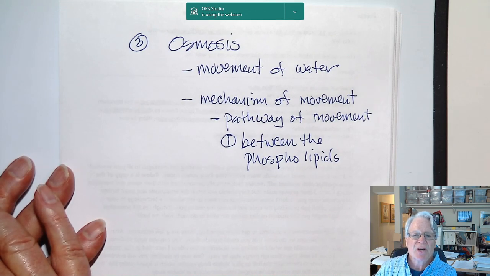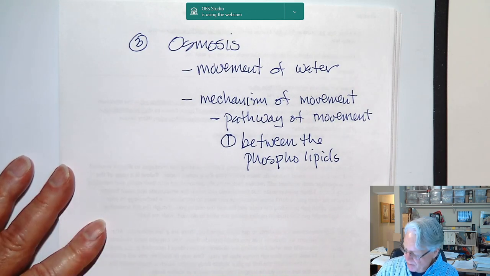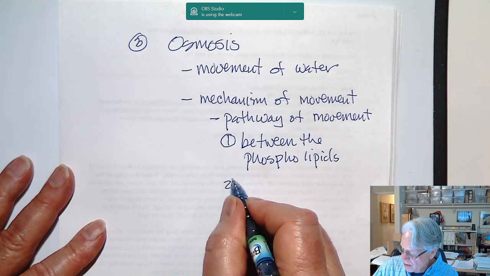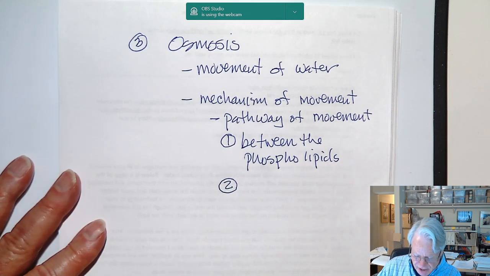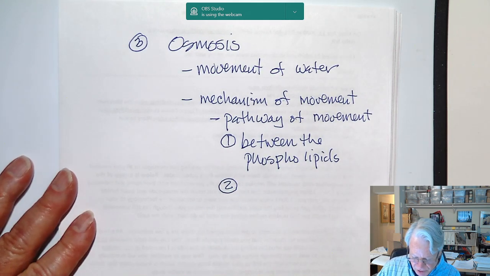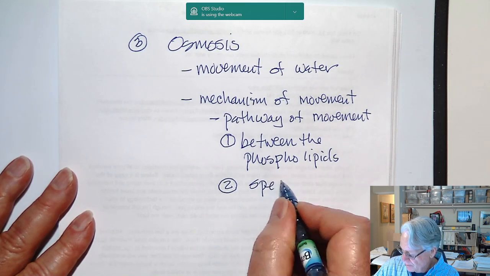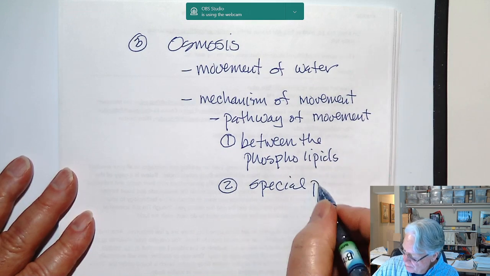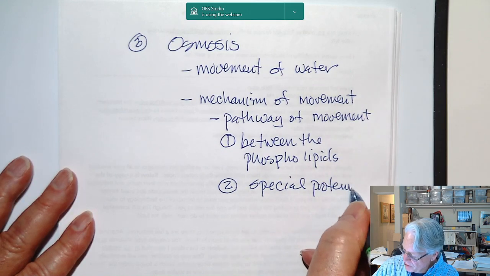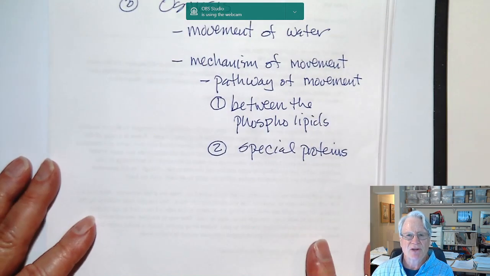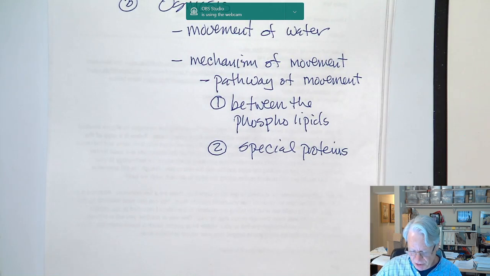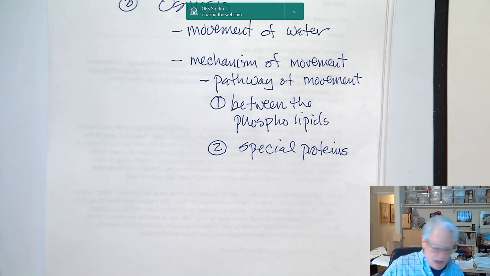So in between those phospholipids, water can slip into or across the membrane. And the second one is through special proteins. And these are relatively new. We did not know about these for a long time. So these special proteins have a name, and they are referred to as aquaporins.